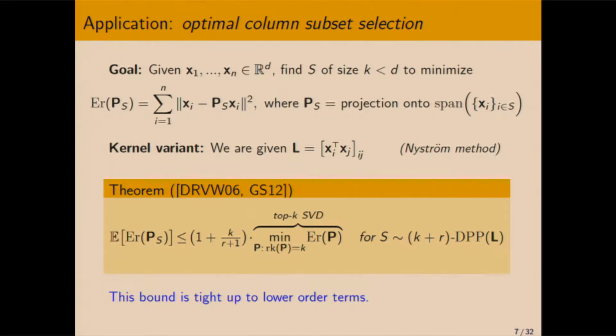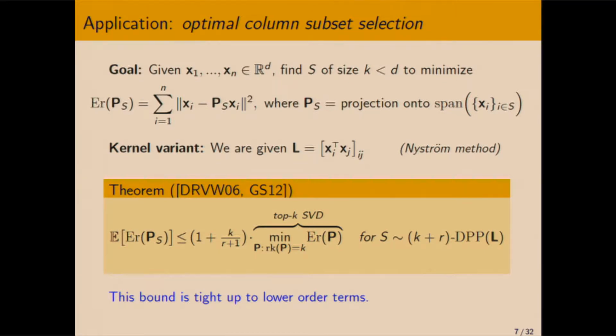Actually, no, that's not entirely true. It can be made arbitrarily close to an equality, which is what makes the bound tight, but it's not actually an equality. So if we pick r larger than 0, then the bound improves, and we can get a 1 plus epsilon multiplicative approximation. Yes?